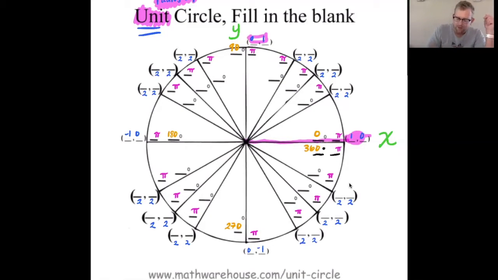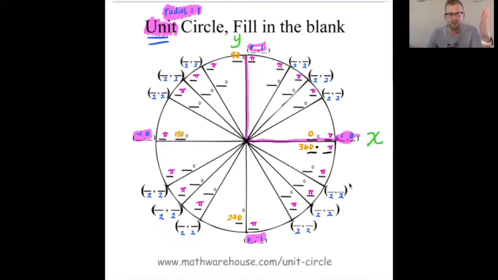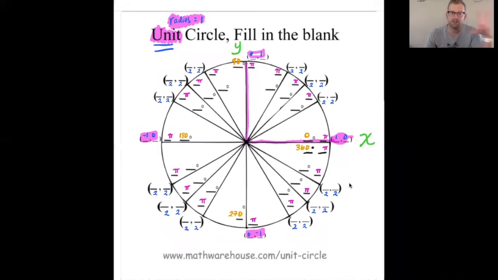Now we do not move horizontally in any direction, in the x direction. We only move vertically 1 unit in the y direction, okay? And then over here, we have the opposite of our first coordinate point, so -1, 0, and then we have the coordinate point 0, -1 down here. All right, great. So just establishing the basics of the unit circle.